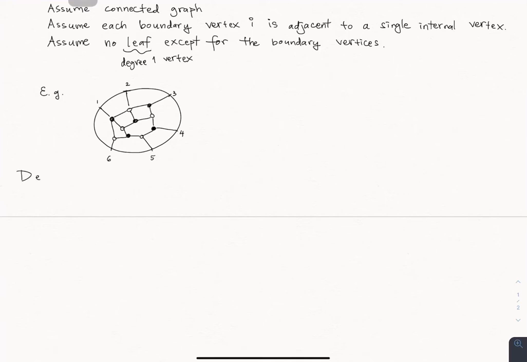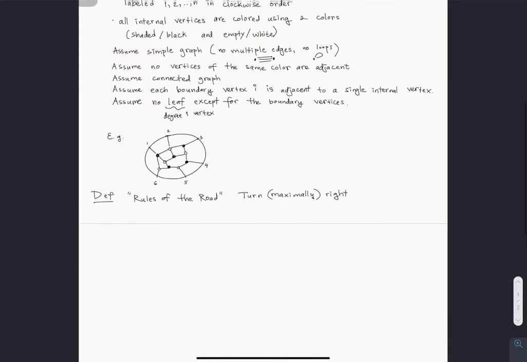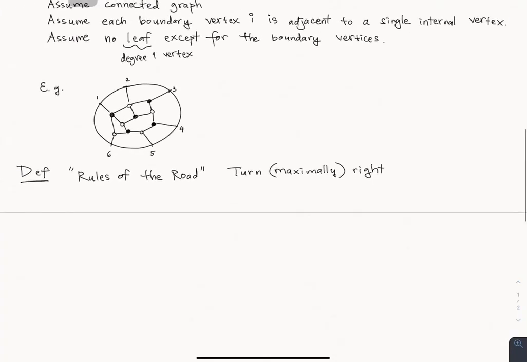Alright, so next I want to define the rules of the road. The rule is that when you are walking along the Plabic graph, you would turn maximally right at the black vertices.